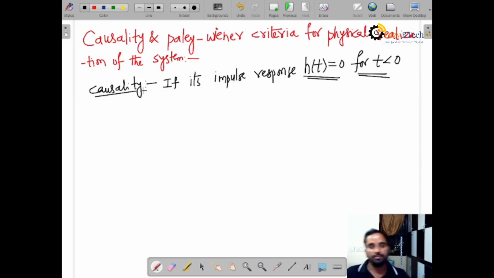Physically possible to construct the system in real time. So practically we can design the system or we can construct the system, that is physical realization.